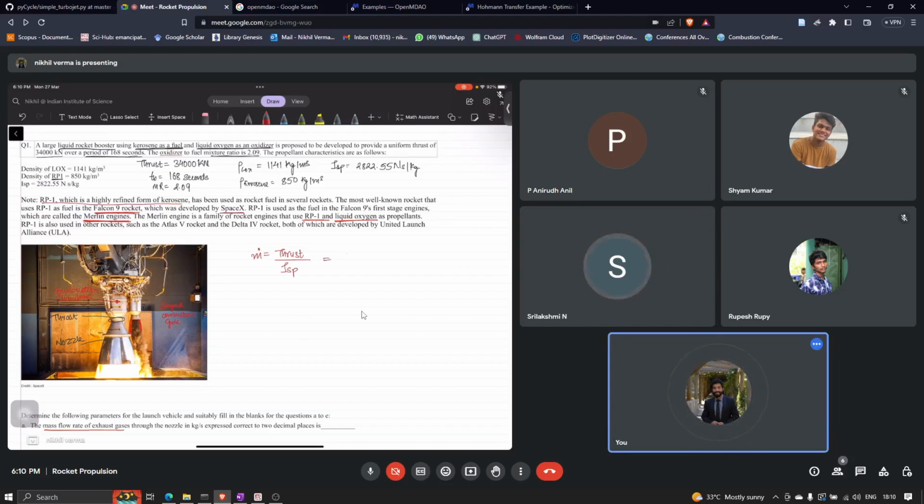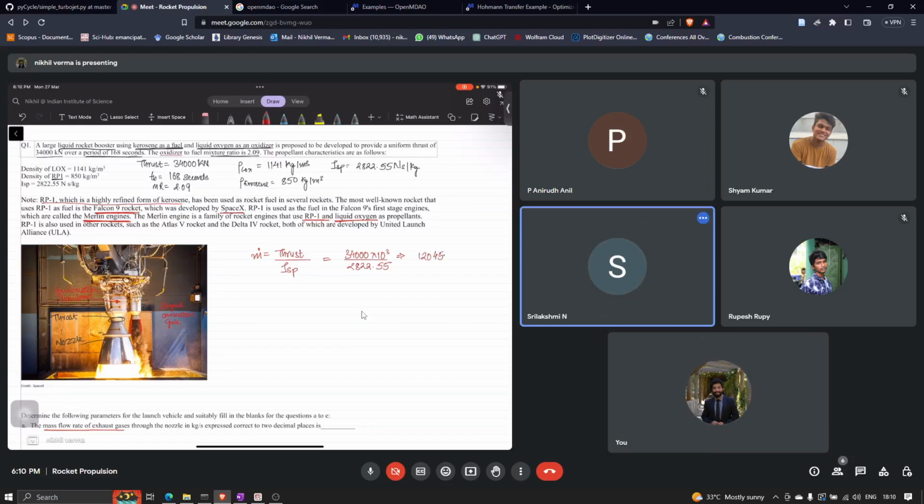This is 3400 kilonewton divided by the ISP, which is 2822.55. If you solve this, you will get 1204.5 point 84507 kg per second.